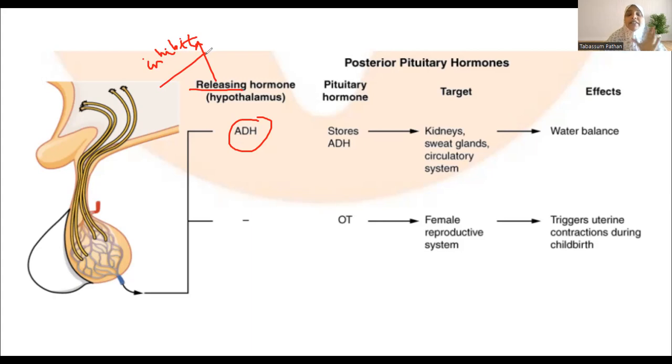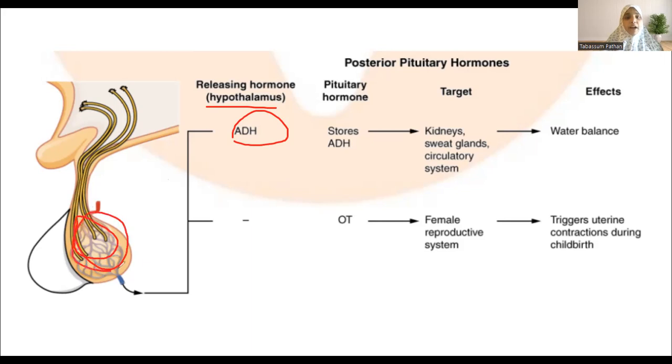So inhibiting means they will stop the production of hormones, and releasing means they will go on activating to release the hormone. So here we are talking about the releasing hormone by the hypothalamus, which is stored in this posterior part, known as the neurohypophysis.